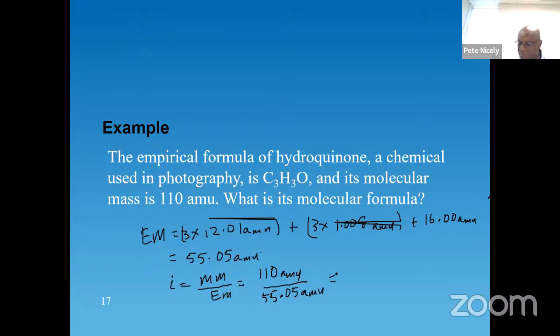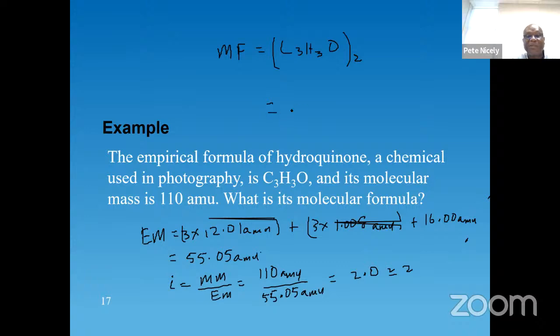When I do that calculation, I end up with 2.0, which is basically 2. So the molecular formula would be equal to C3H3O multiplied by 2.